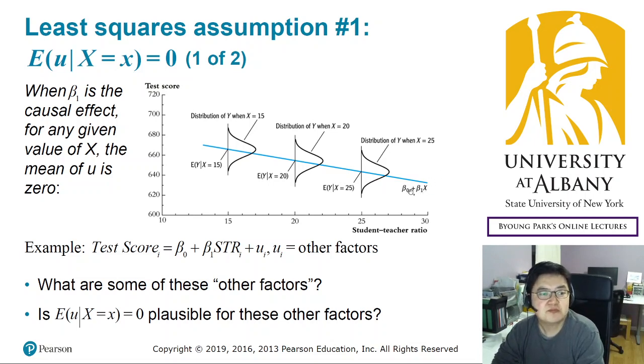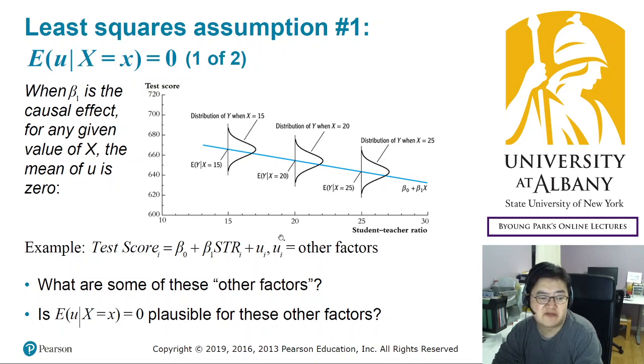So the expectation is represented by the line, but the deviations from the expected value are not included in the regression line. The deviation is the error term, or you may interpret this as other factors.